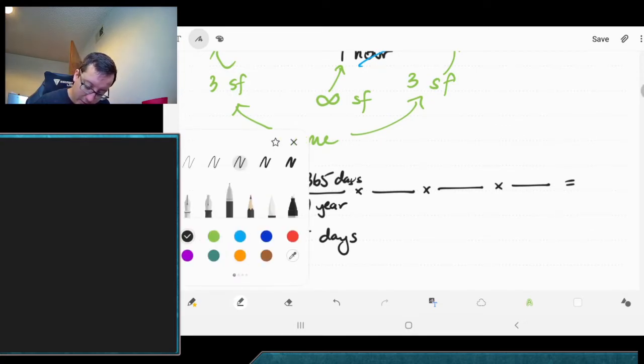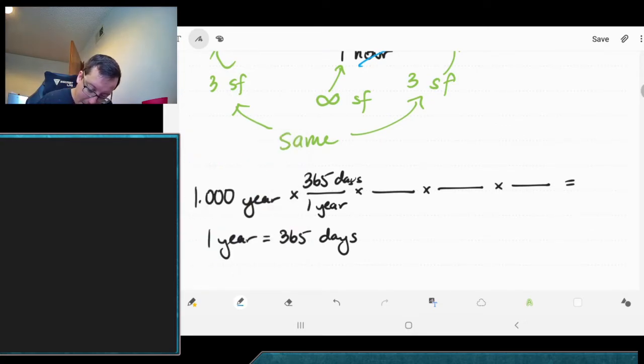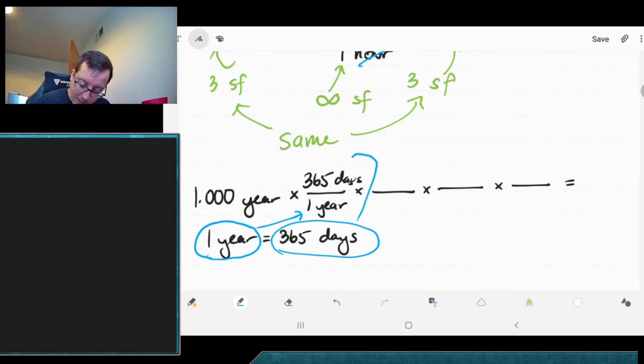Also notice that I've kept the number with its unit together. We had 1 year as one part of our equality. We had 365 days. I'm keeping those numbers with those units as we go through this. So we're not going to say 365 years is 1 day.